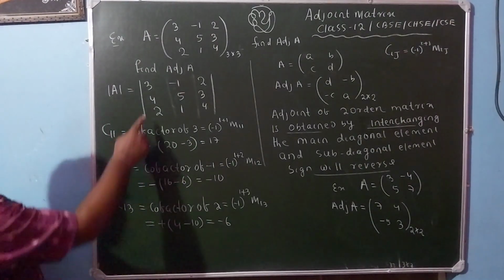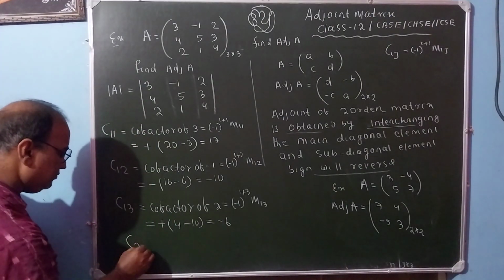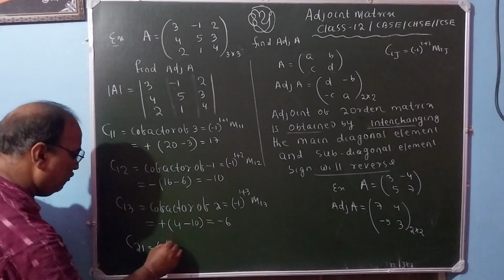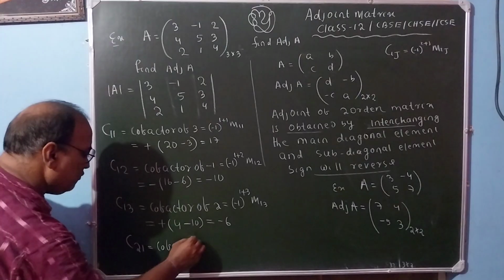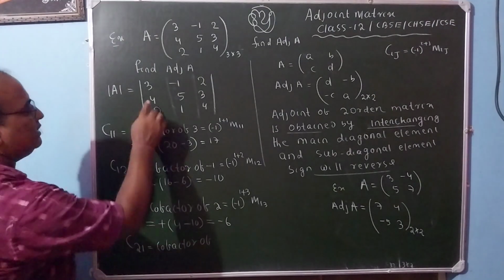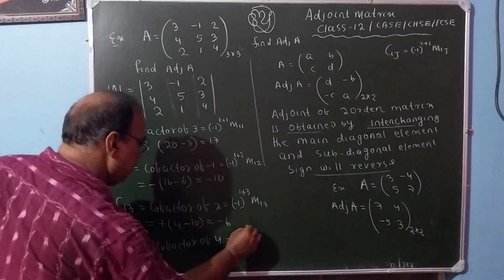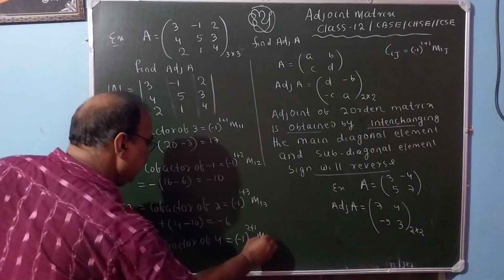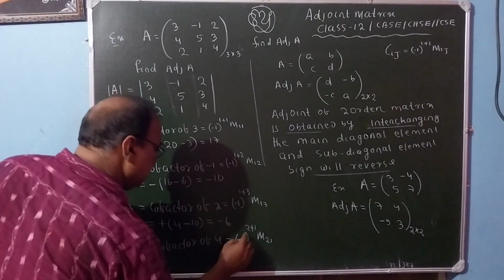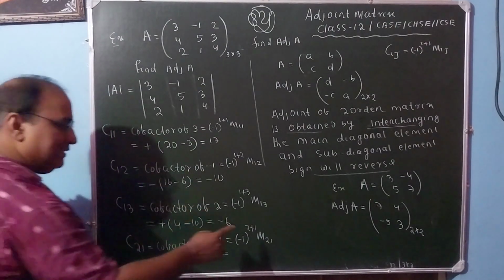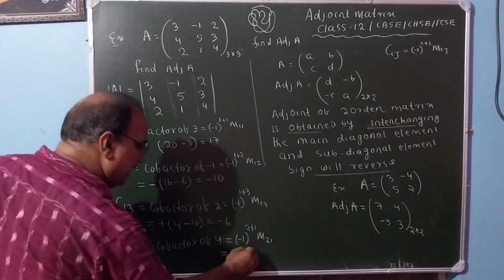Okay, now C21 cofactor of this 4, minus 1 to the power 2 plus 1 minor of 2 1. Here it is 3, so sign is negative.